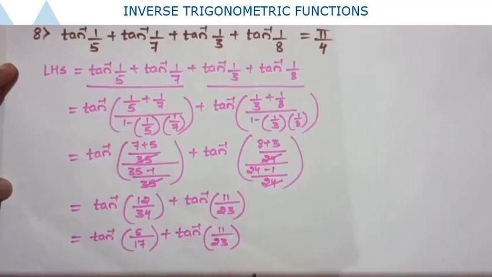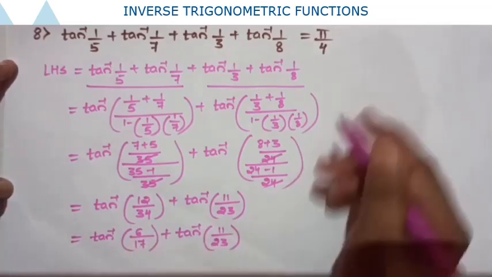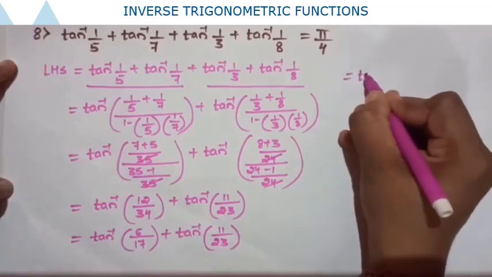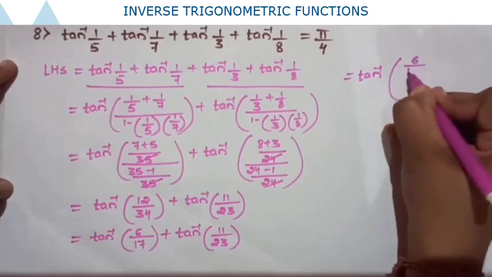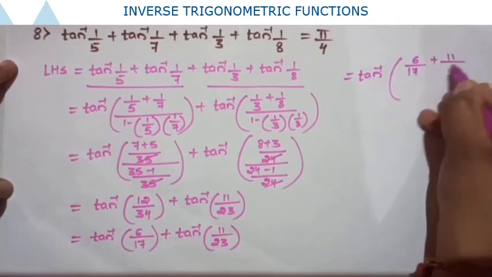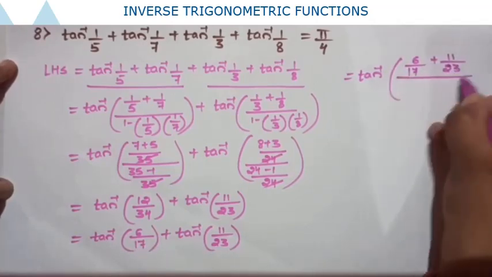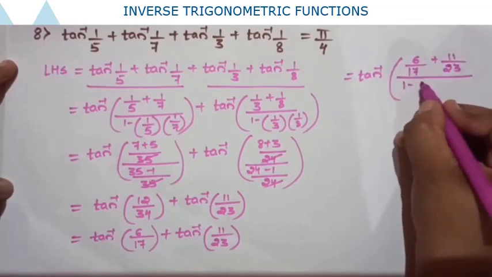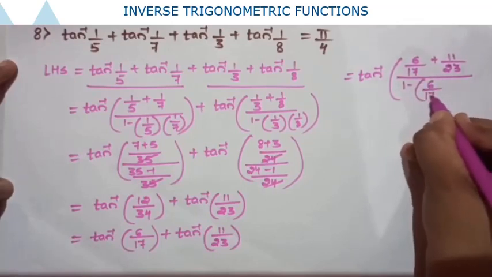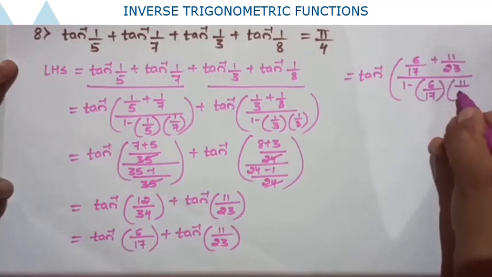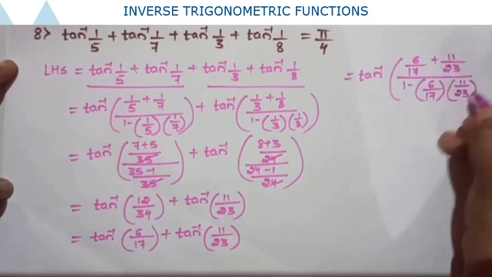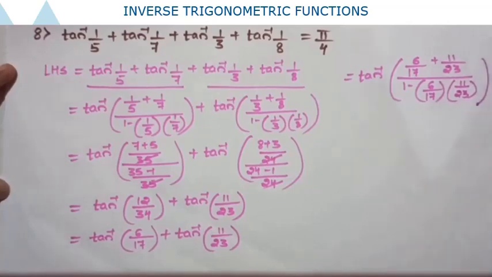Again we can apply property number 6, tan inverse x plus tan inverse y, so that we have tan inverse of x plus y. What is x here? 6 by 17 plus 11 by 23, whole divided by 1 minus x into y, where x is 6 by 17 and y is 11 by 23.